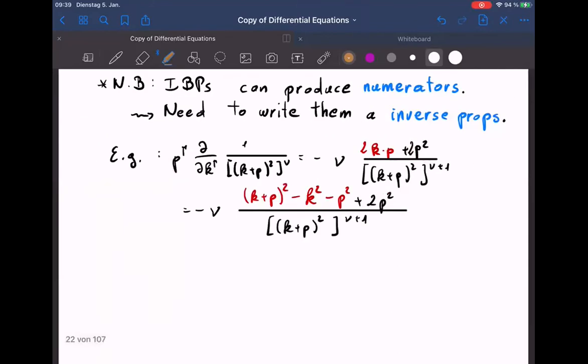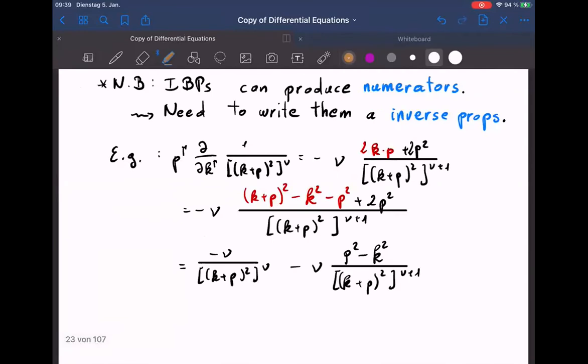What I can do is I can simply complete the square. Because k dot p is just, well, (k plus p) squared minus k squared minus p squared. And now all of a sudden you see that the things that appear in the numerator, they all look like propagators, but inverted. So actually what it becomes is the following.